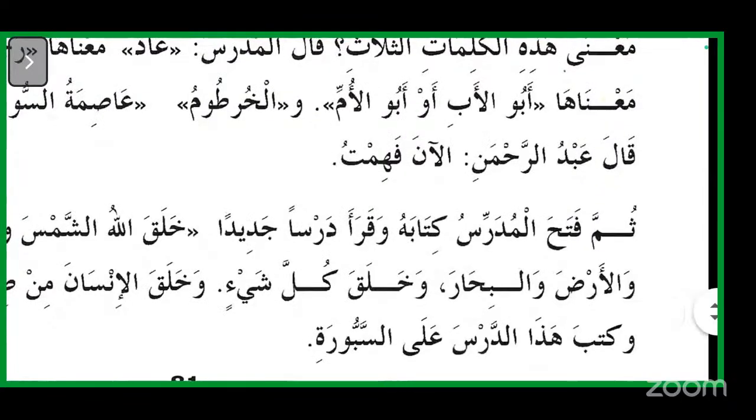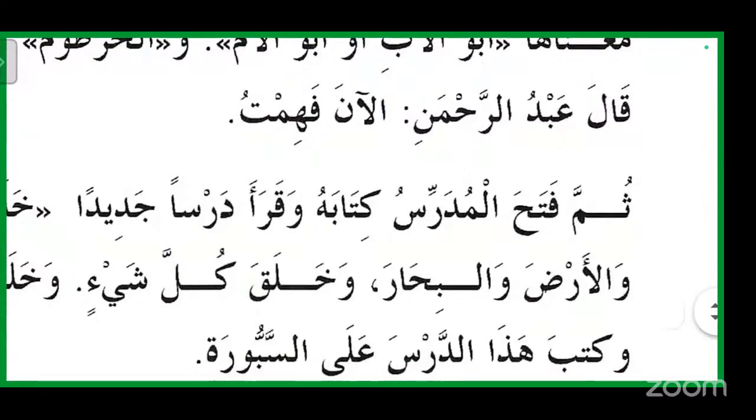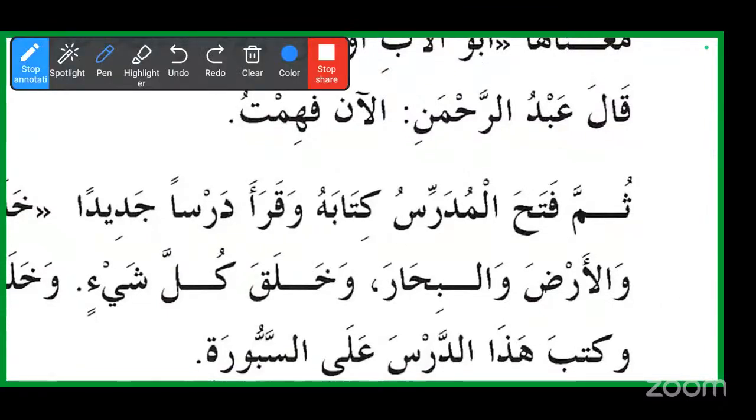Now, next paragraph. ثم فتح المدرس. Today's lesson is long. I think there are 3 pages. ثم فتح, then he opened. Who opened? The mudarris opened. Kitabahu, his book. You see?